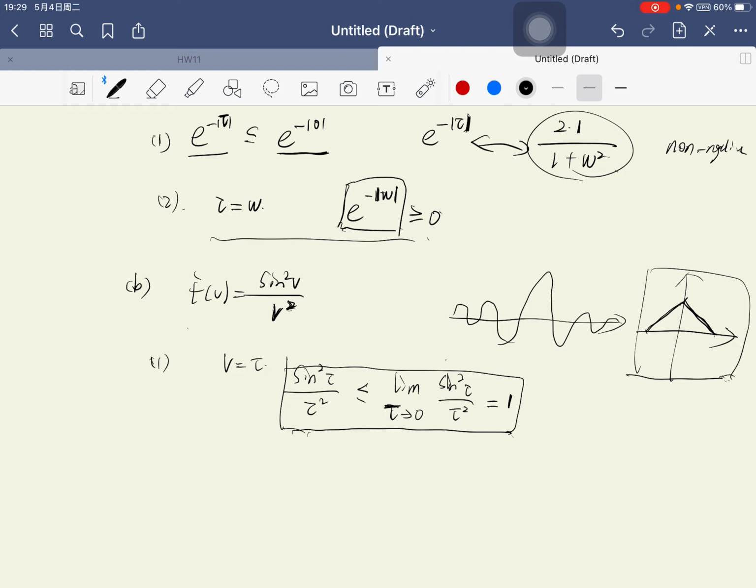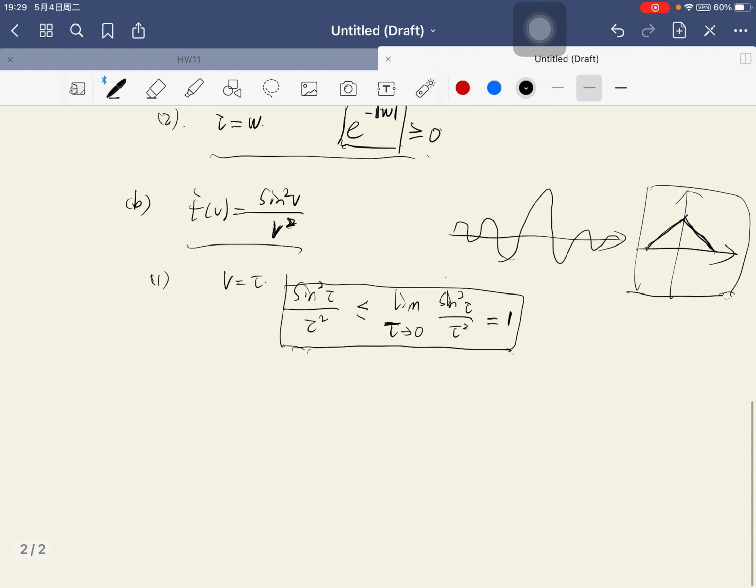So this function could represent the autocorrelation of the WSS stochastic process X(t).